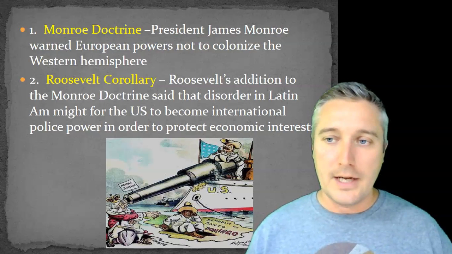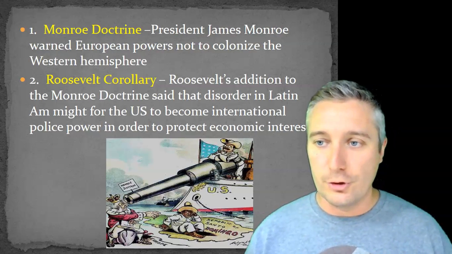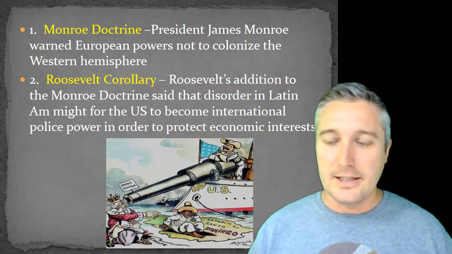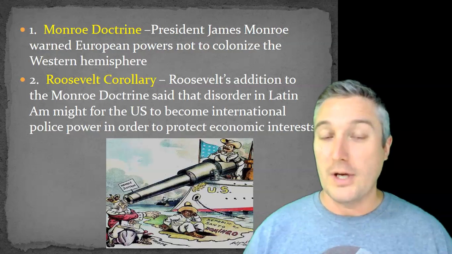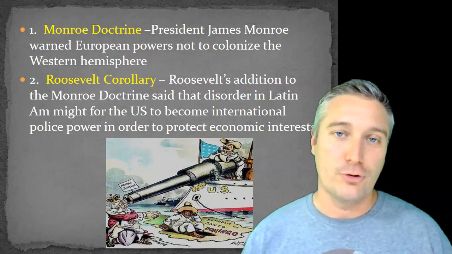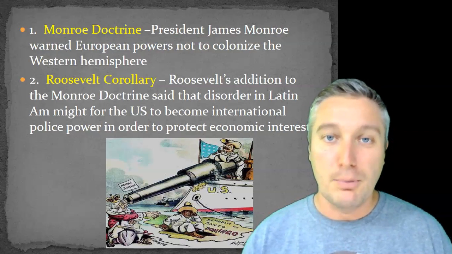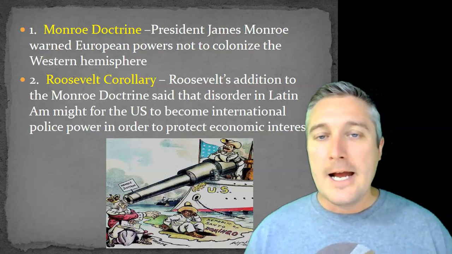Now, we can argue whether that was actually effective. I mean, whether Europe actually had any interest in that. But, frankly, there wasn't much anything that the U.S. could do at that time to defend that doctrine. But, thankfully, it was not pushed by many of those European nations.